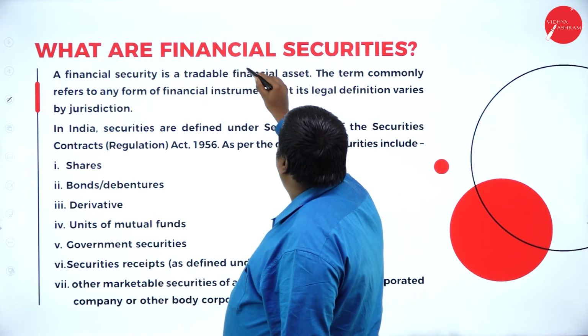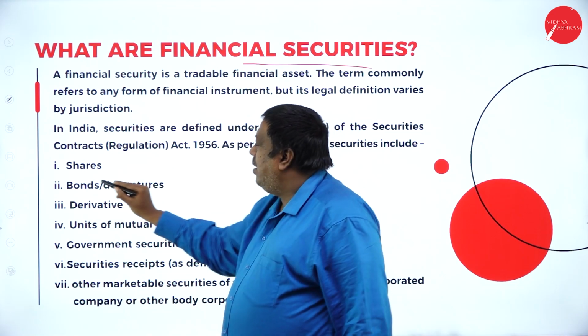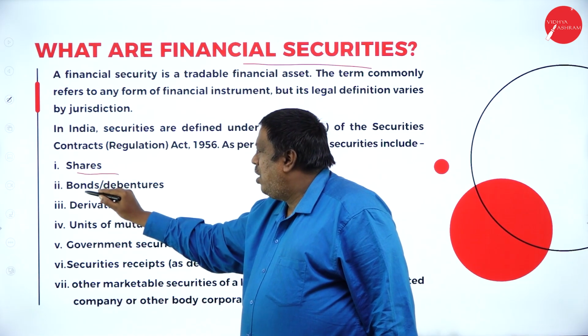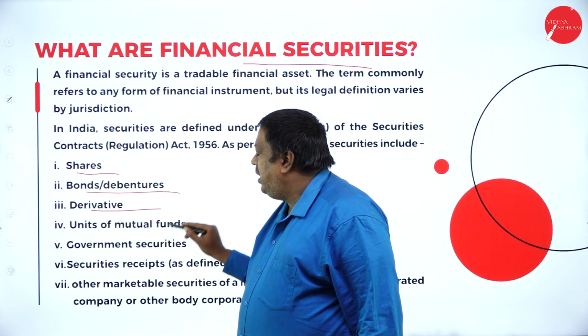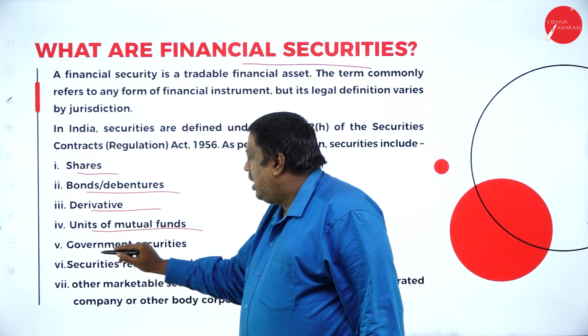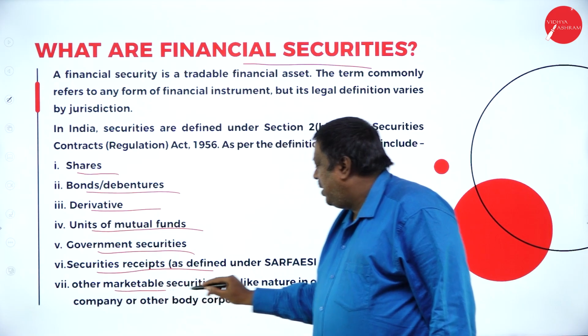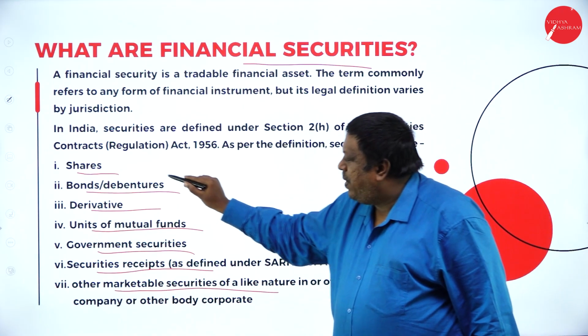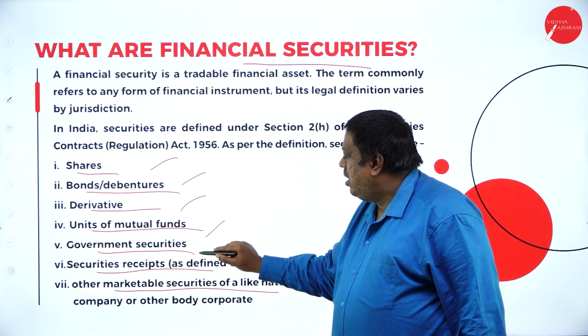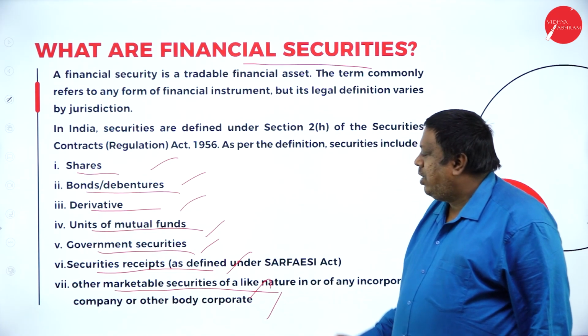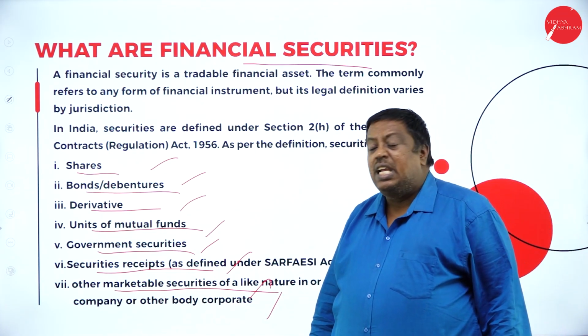What are the financial securities in the market? The financial securities are shares, bonds and debentures, derivatives, units of mutual funds, government securities, securities receipts, and other marketable securities. Like this, plenty of concepts are there which help us know where to invest.